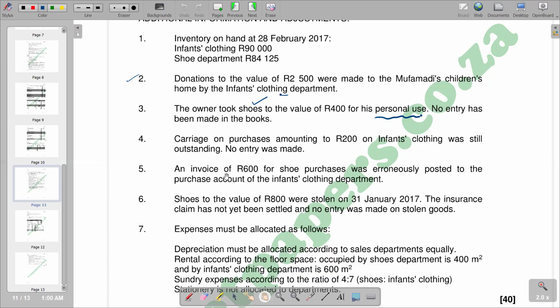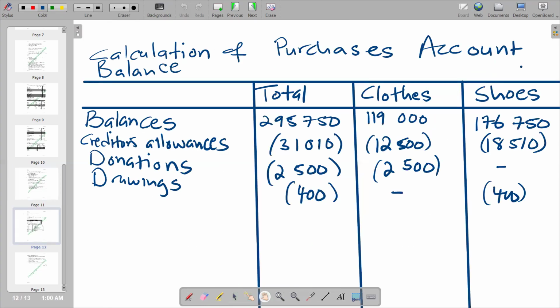So basically, this is just a correction of an error. So indicate it as such, whereby you say, so it's a reduction in the infants column and a plus in the shoes column.